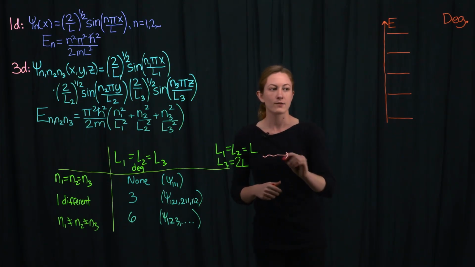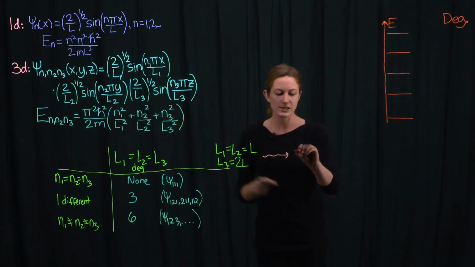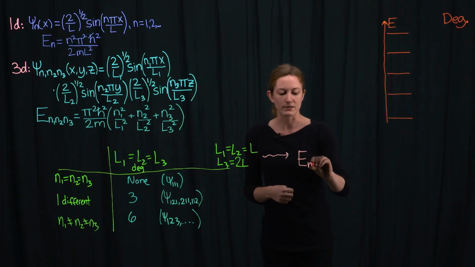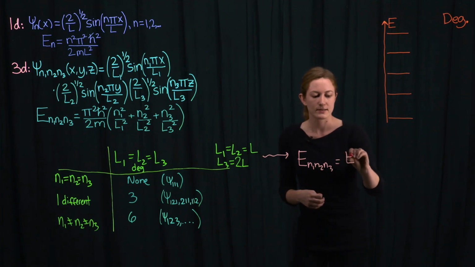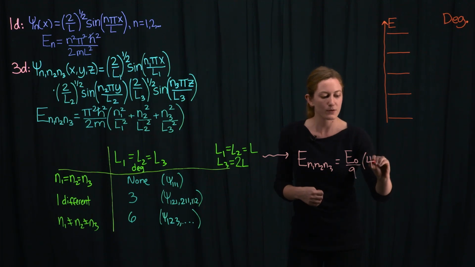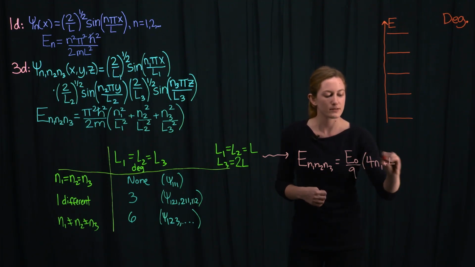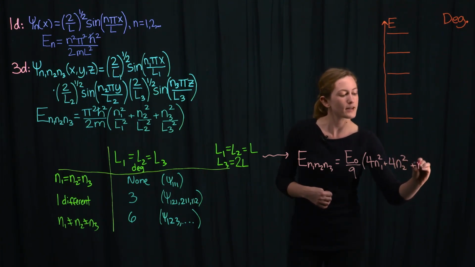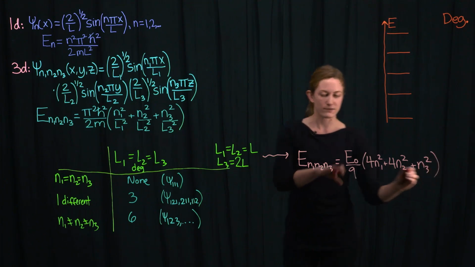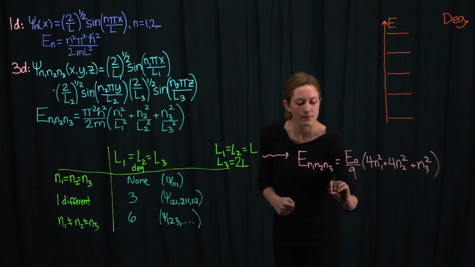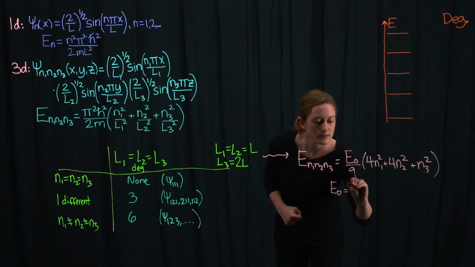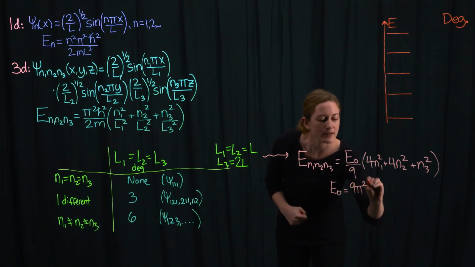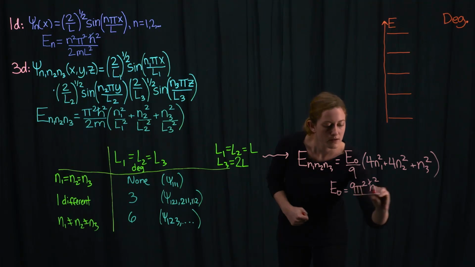And what I'm going to do is rewrite the energy of the level n1, n2, n3 as E naught over 9 times 4 n1 squared plus 4 n2 squared plus n3 squared, where I've defined this constant E naught equals 9 pi squared h bar squared over 8 m L squared.